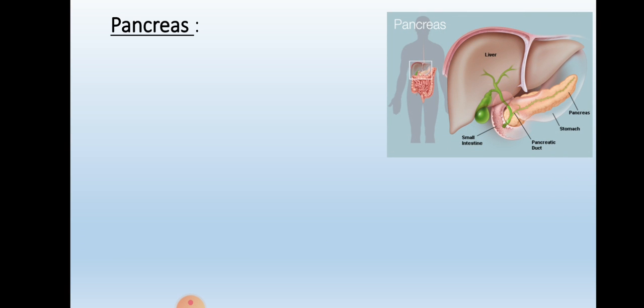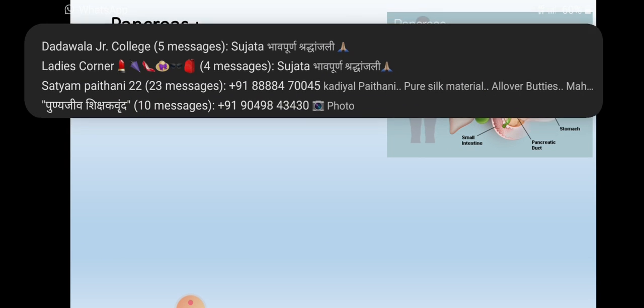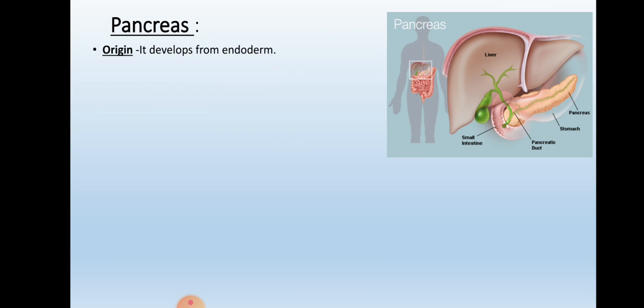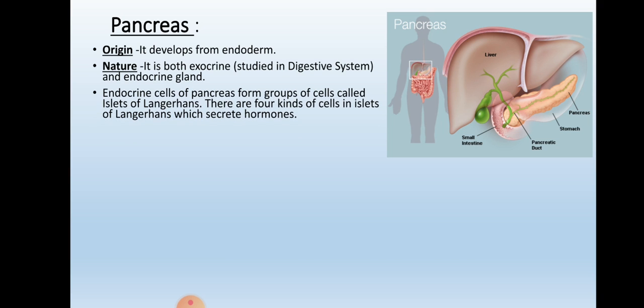Then we go to the next most important gland, which is a mixed gland called the pancreas. We studied the exocrine part, the acini of the pancreas, in the digestive system last year. We are going to learn about the endocrine part of the pancreas now. It develops from endoderm. Its nature is mixed, exocrine and endocrine.